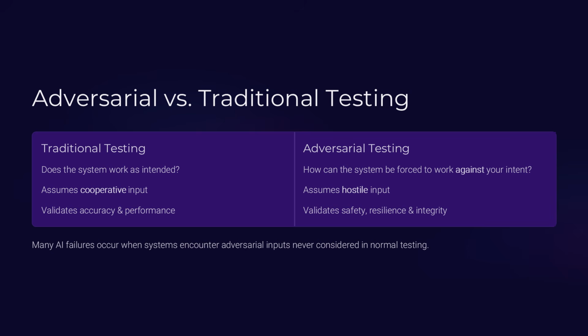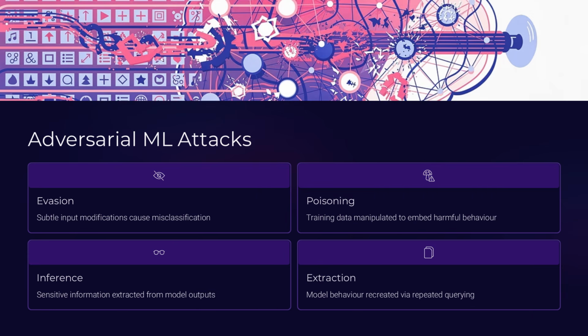This distinction matters because many artificial intelligence failures occur when the system encounters adversarial inputs that were never considered in normal testing. As an architect, your goal is not to run tests yourself. Your goal is to design systems and assurance processes that anticipate adversarial behavior. Now that you understand the testing mindset, let us examine adversarial machine learning attacks.